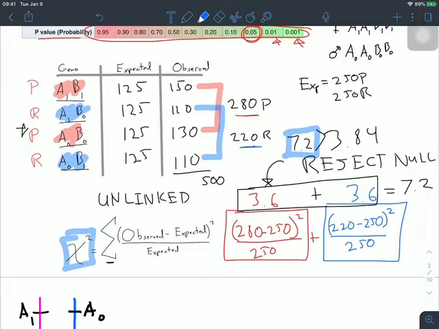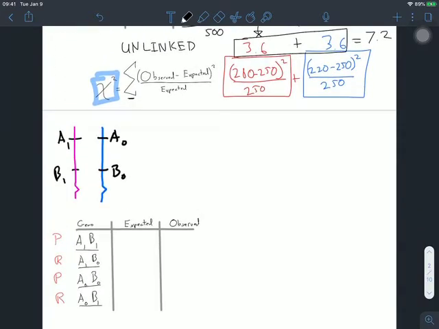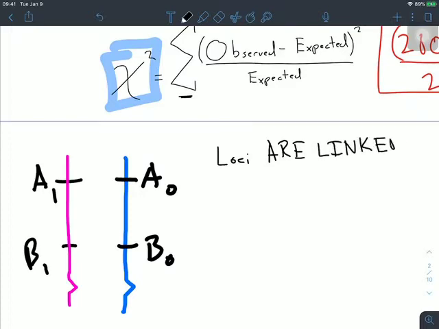All right. For our next problem, we're going to switch things up a little bit. Rather than assuming that the loci are unlinked, I'm going to give you the fact that the loci are linked and that their distance is 20 centimorgans apart.